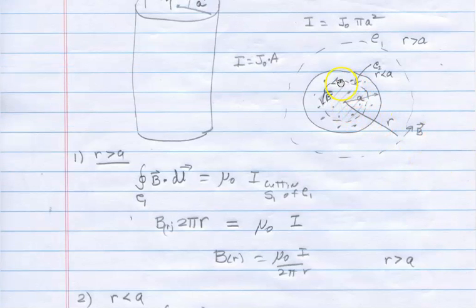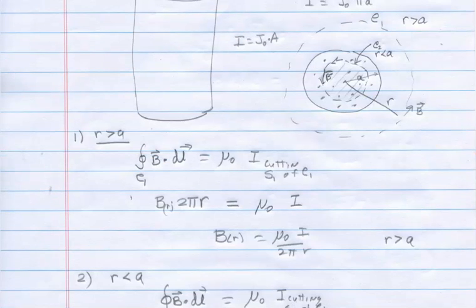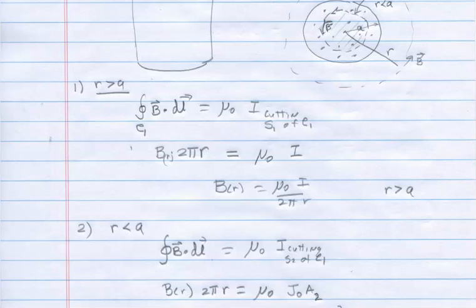However, for C2, that's this one inside, it's a different situation because now R is less than A. The left-hand side is the same as the previous problem, and it always becomes in these cylindrical cases, B as a function of the radius times 2 pi R. Mu naught, I have to get the total current cutting S2 of C2.